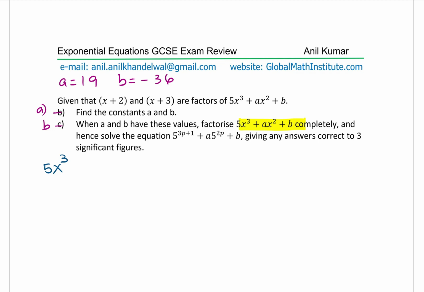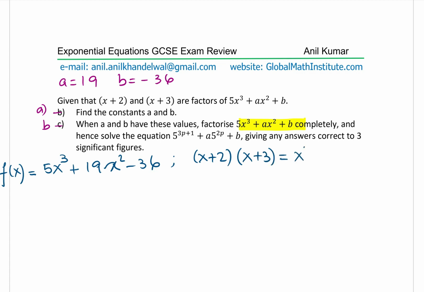A value is 19, so we can write this as plus 19x squared, okay, and b value is minus 36. So we need to factorize this. Let me write this as a function f of x. We already know two factors, which is x plus 2 times x plus 3. Third factor we need to figure out.